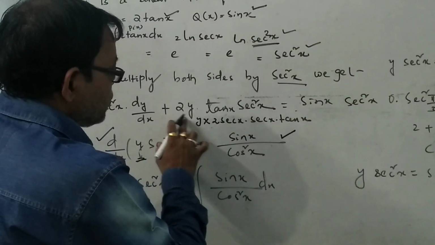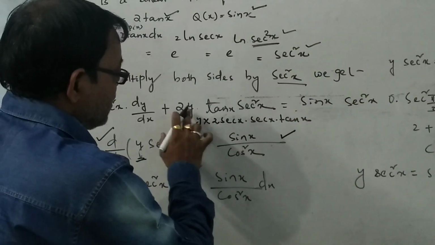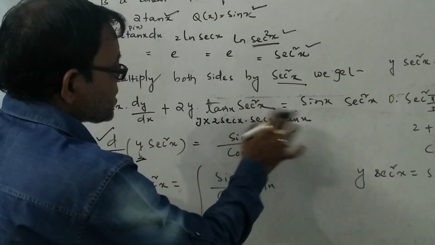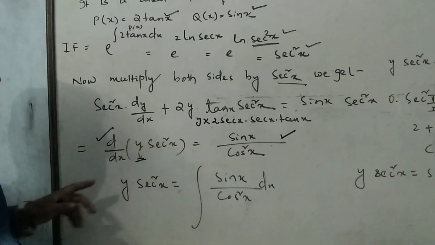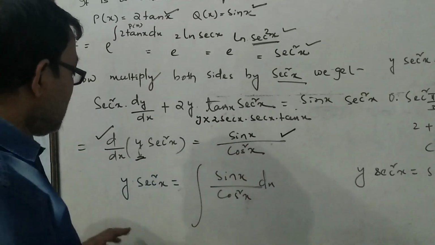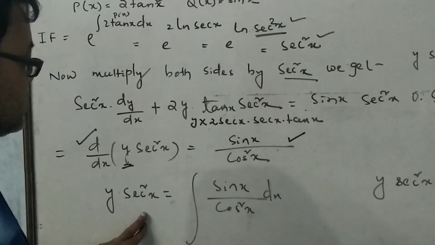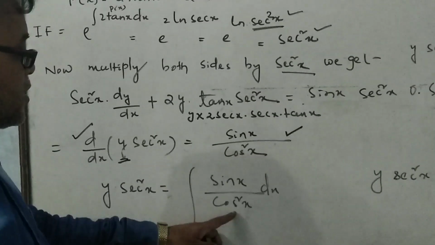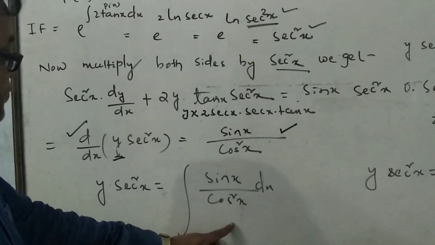So 2y sec² x tan x, right? So this is d/dx of y sec² x, which is equal to sin x upon cos² x. So y sec² x will be the integration of sin x upon cos² x.